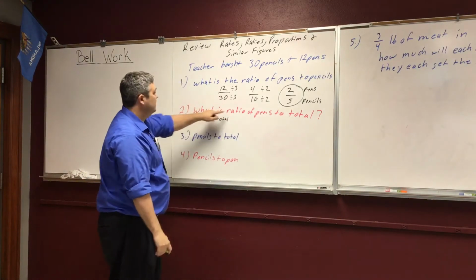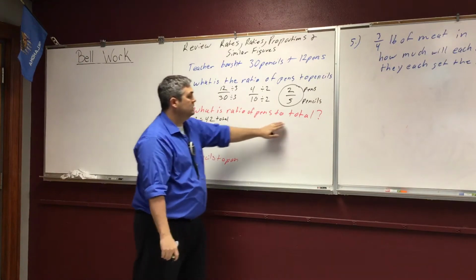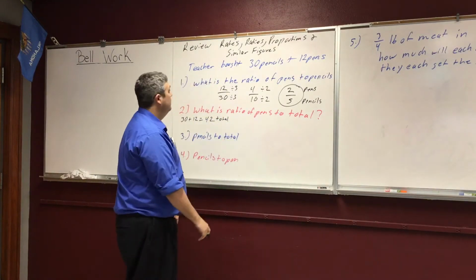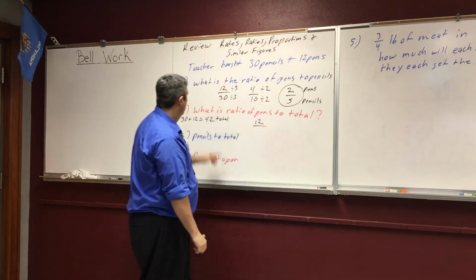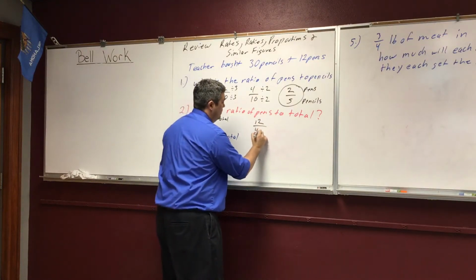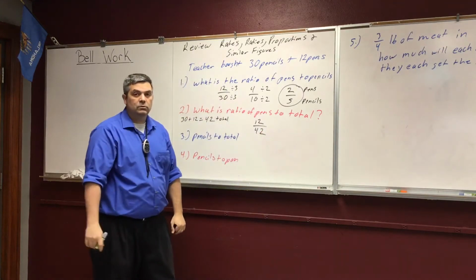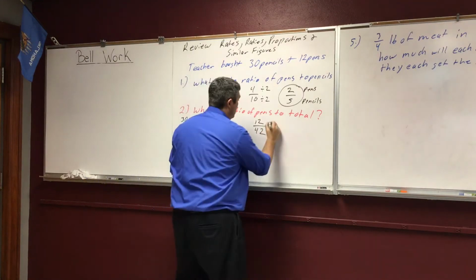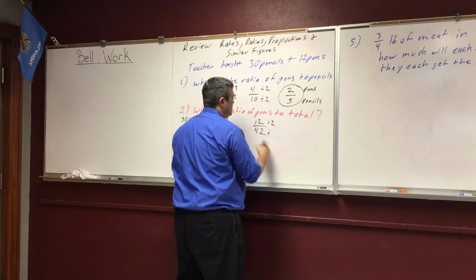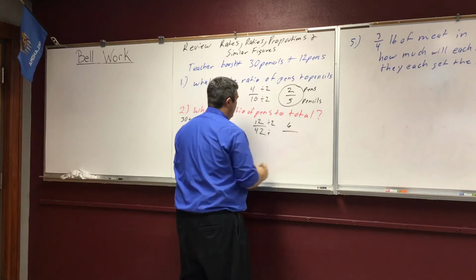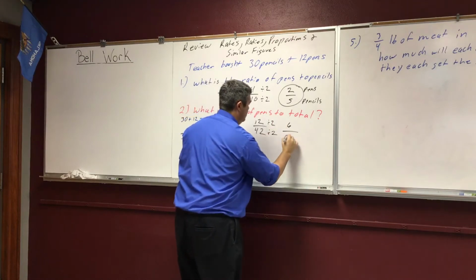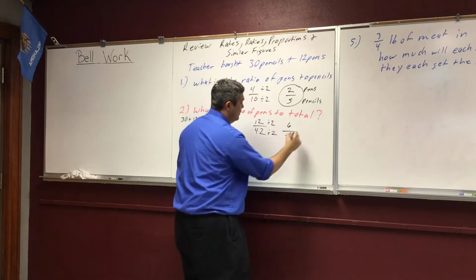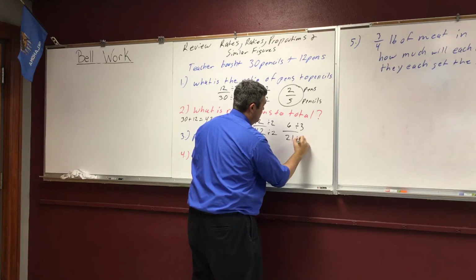But now I need to set up my ratio. Ratio of pens to total. Well, the pens, 12 over 42. And now I have to reduce. So I'm going to reduce. Divide by 2, divide by 2. Gives me 6 over 21. 3 goes into both of those. Divide by 3. Divide by 3.